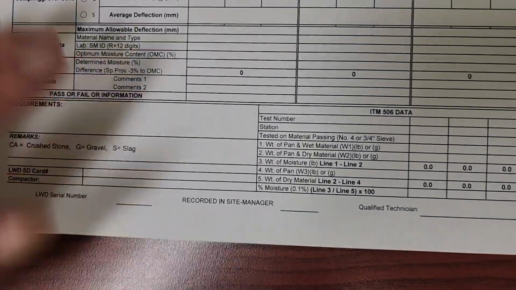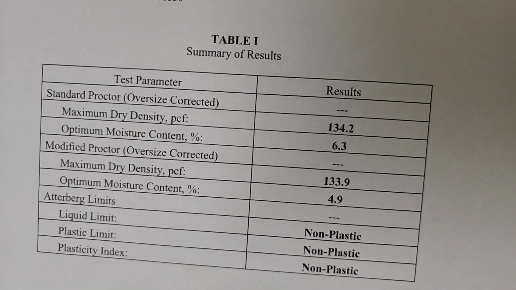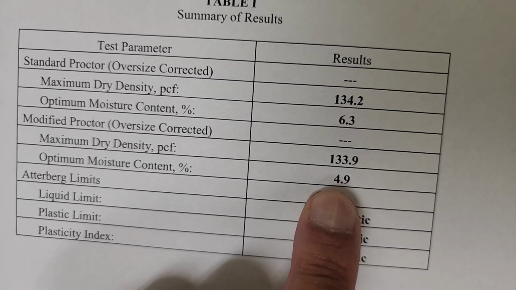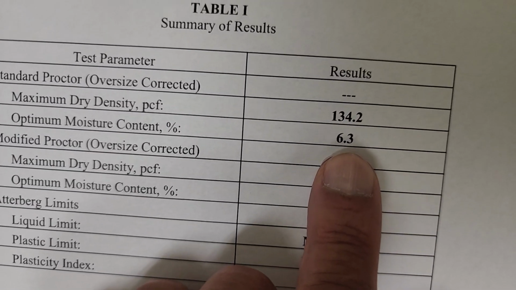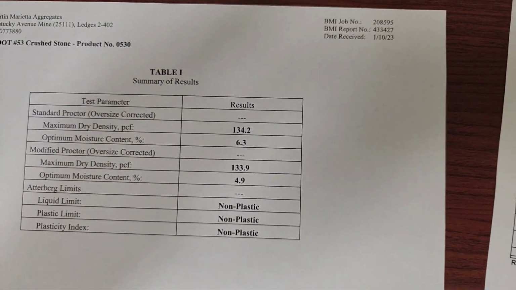And depending on what Proctor is being used, you should get right around 4.9, or 6.3.